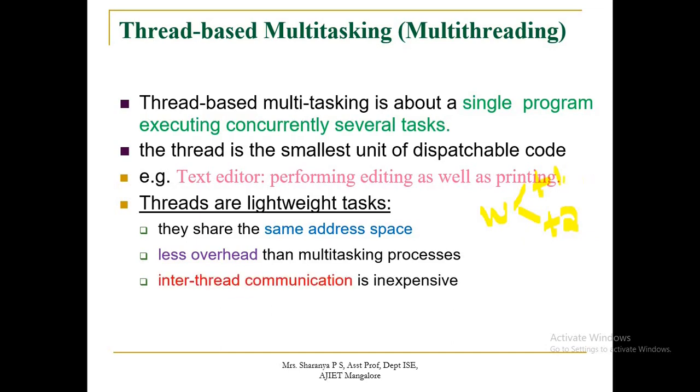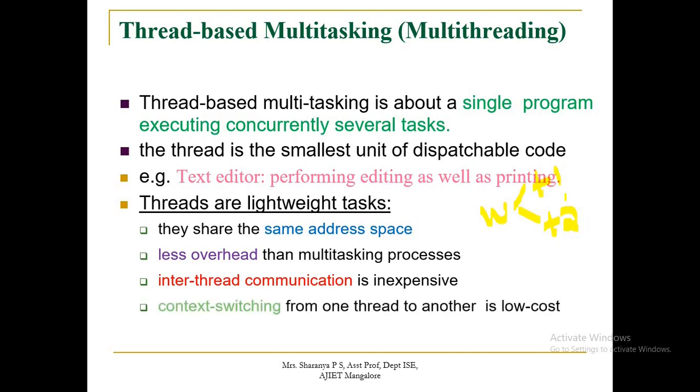And the communication between these two threads is much faster and inexpensive because both are stored in the same address space. So there is no need to fetch the address location to communicate between the two. It is much faster.